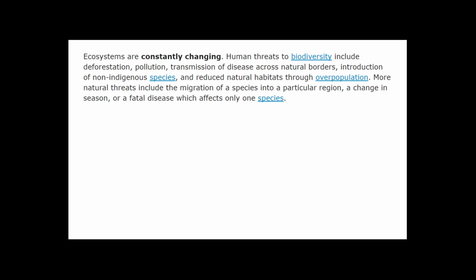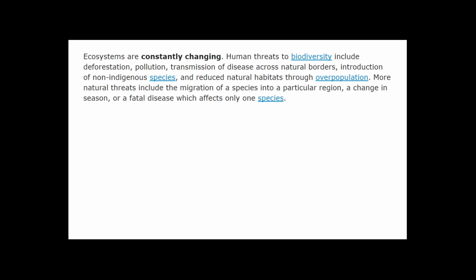And ecosystems are constantly changing. Human threats to biodiversity include deforestation, pollution, transmission of disease through natural borders, introduction of non-indigenous species, and reduced natural habitats through overpopulation. The point is ecosystems are constantly changing, and this occurs with or without input from man.